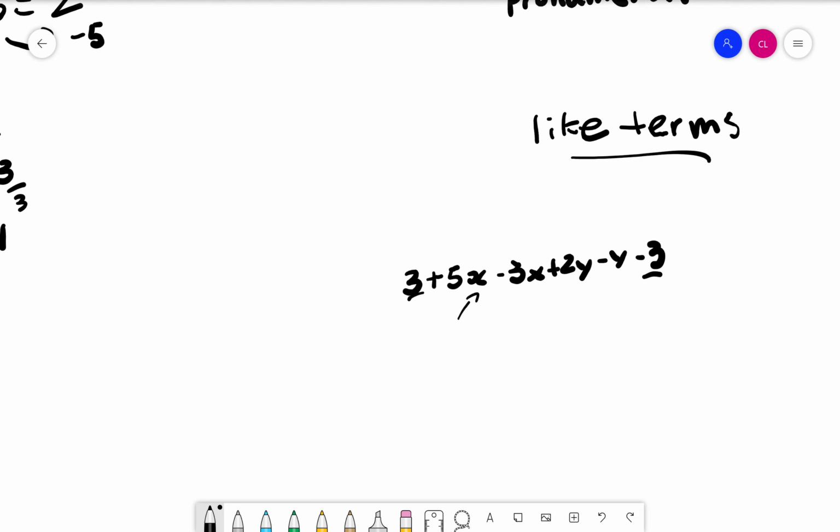3 minus 3 is 0, so we cancel that out. So 5x and minus 3x are like terms, so it becomes 2x, and then positive 2y minus y, again like terms, would make it simply y. So we get 2x plus y.